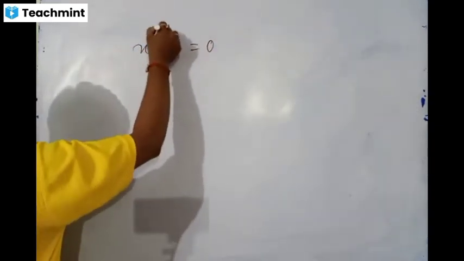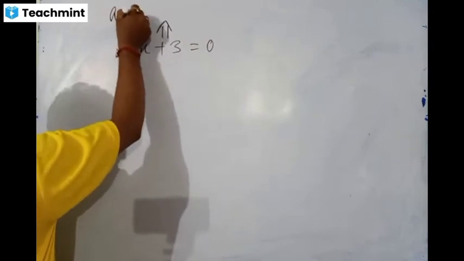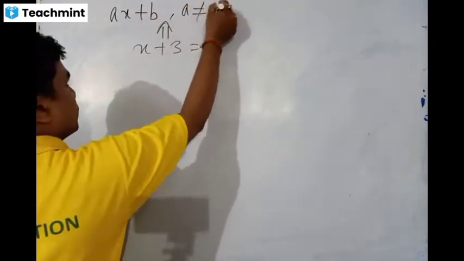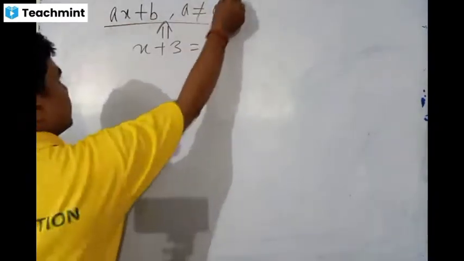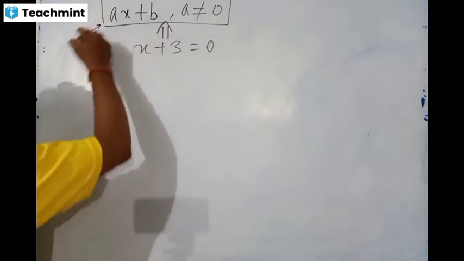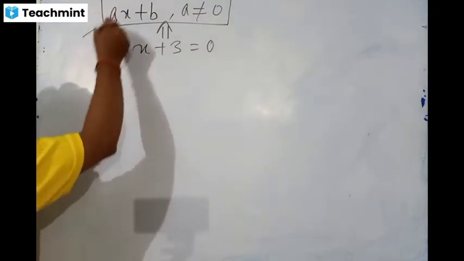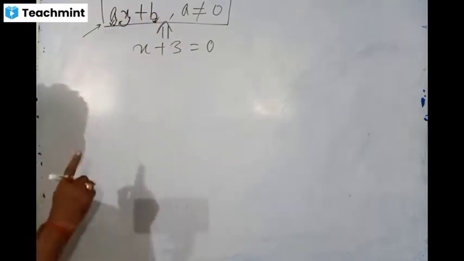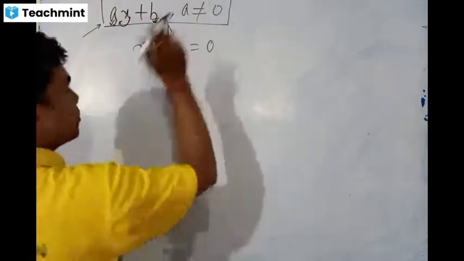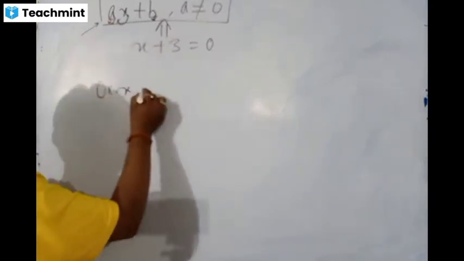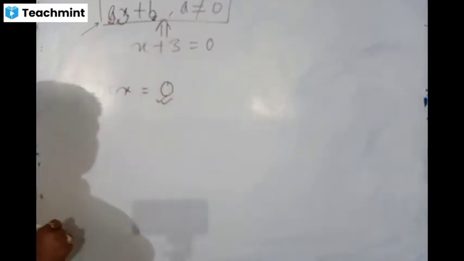Before that, you have to understand that ax plus b, where a should not be equal to 0, is a linear expression. You can see here that a is the coefficient of x, and b is the constant. So a should not be equal to 0, because if x is multiplied with 0, the resulting value will be 0.